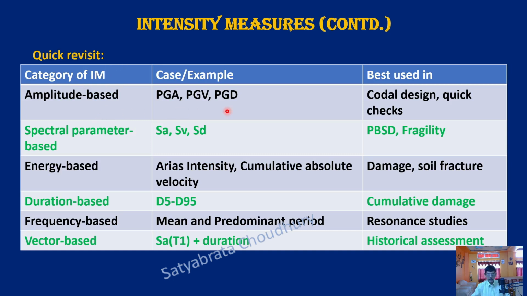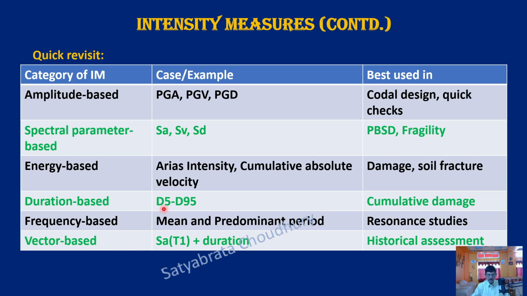So we are revisiting the types of the intensity measures. Amplitude based: PGA, PGV, PGD. Code design and quick checks are possible with these. Spectral parameter based, like SA, SV, SD, used in PBSD and fragility analysis. It can be energy based, like Arias intensity, cumulative absolute velocity, etc., used in damage and soil failure.